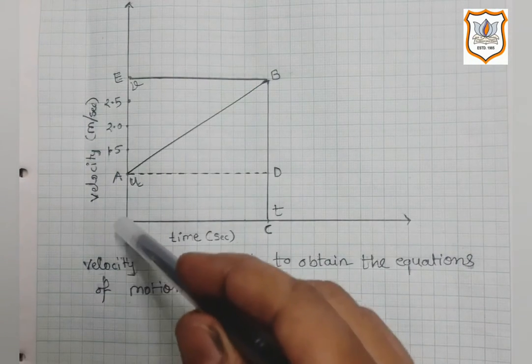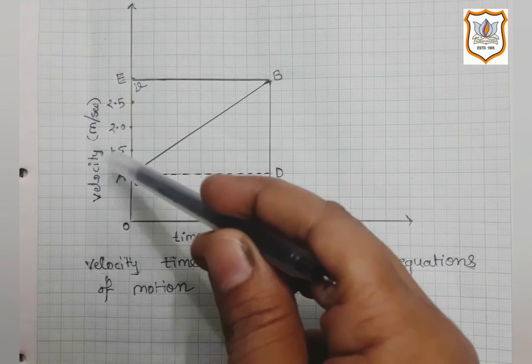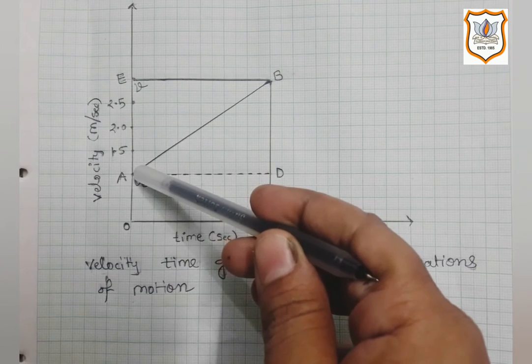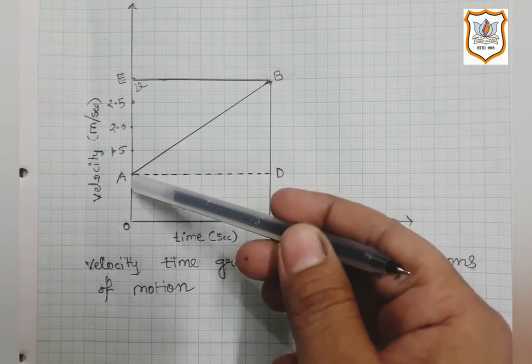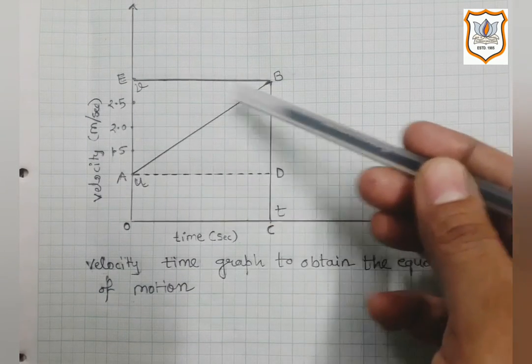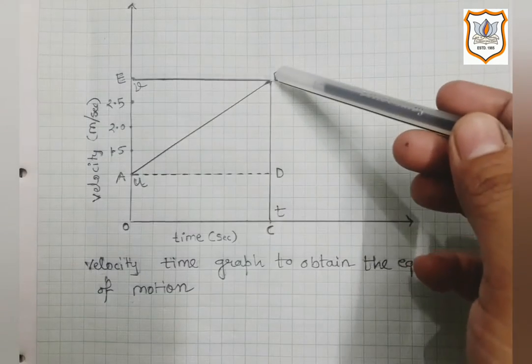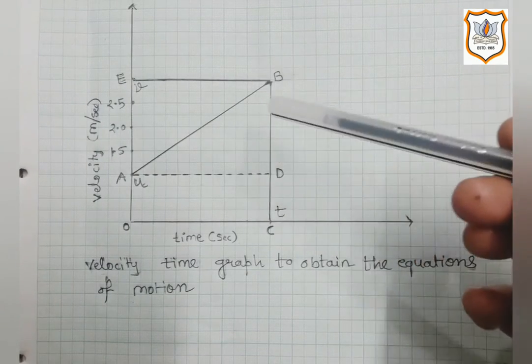Here O is the origin and the object is moving from O to A, where OA is the initial velocity, that is u, and then this velocity increases continuously as the object moves from A to B, and B will be the final velocity, that is v.